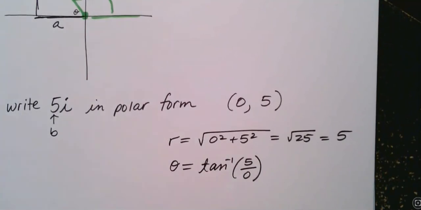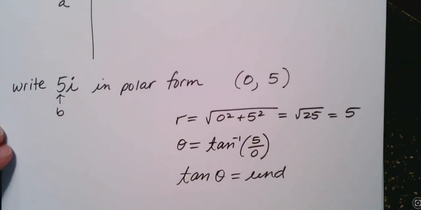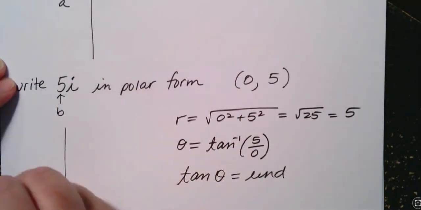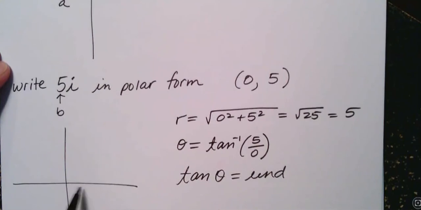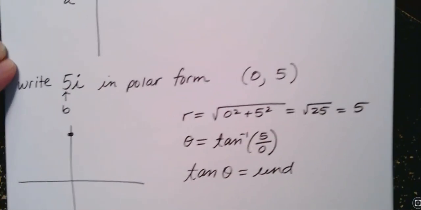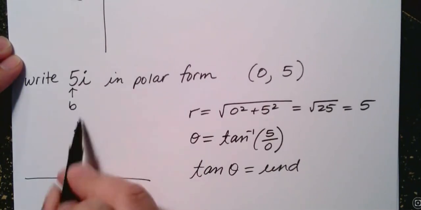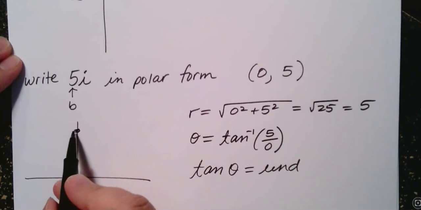So basically it's kind of like saying the tangent of theta is undefined. And we have to think about where tangent is undefined. Well, this can help us because we know (0, 5) means go 0 to the left or right and up 5. And sure enough, that's where tangent is undefined. Tangent is sine over cosine. If we were on the unit circle, that would be (0, 1).